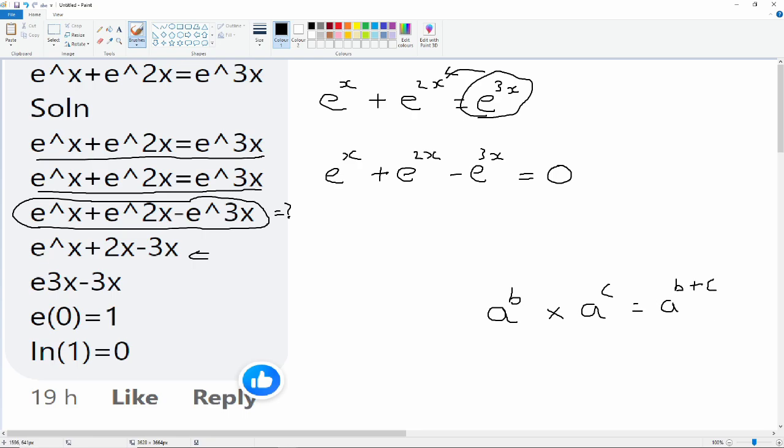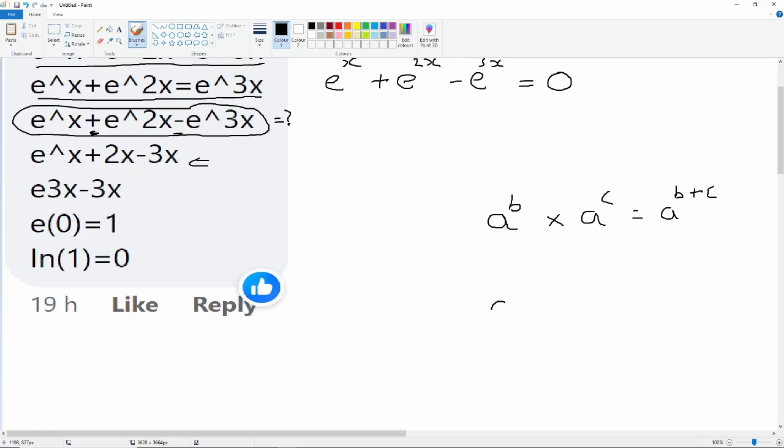And that is absolutely fine, that is correct. But these are not multiplications, this is an addition. a to the power b plus a to the power c does not equal a to the power b plus c. You just can't do that because of this plus here.